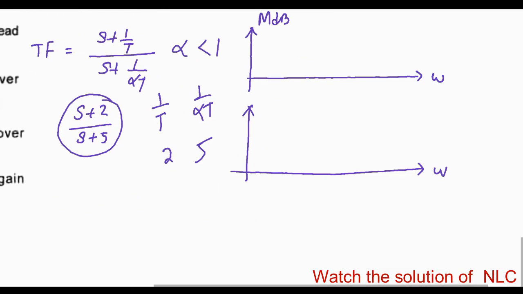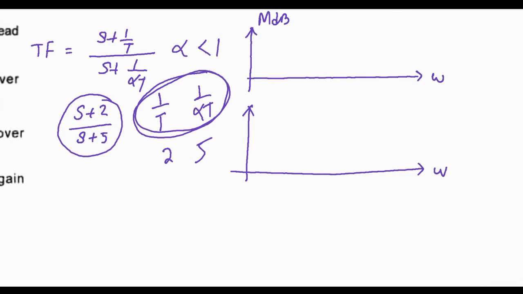Here these are the corner frequencies, and we have to find out what is the gain crossover frequency and how it is related, smaller than or greater than or in between the corner frequencies. So this one is the phase angle plot. Phase angle I am writing it to be phase. Now this one is suppose 1 by t, and this will be 1 by alpha t.